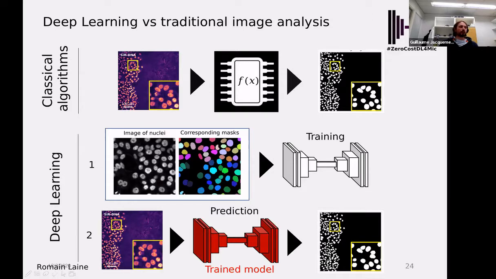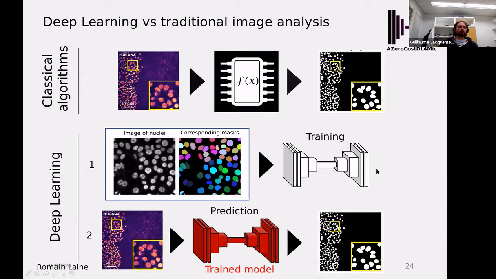So very often you will need to generate a training data set. And that training data set is, of course, very important because it will dictate what kind of task your deep learning will be doing. So here, to do the nuclei segmentation, you give it images of nuclei as well as the corresponding mask, so that the network can start to understand what kind of task you want it to do.